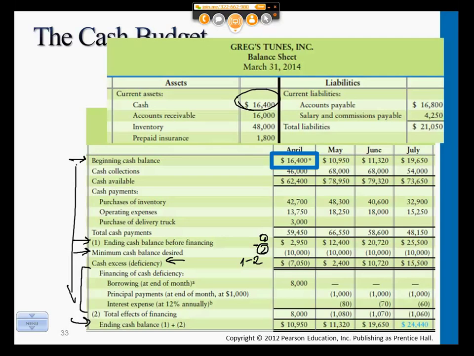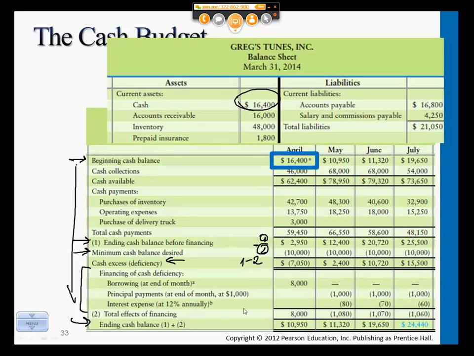So I'm pretty sure we have an example on this. That's going to be your inflow in April that's going to help you to finance that cash deficiency of $7,050, okay? All right, so how did we get 10,950 as an ending cash balance?